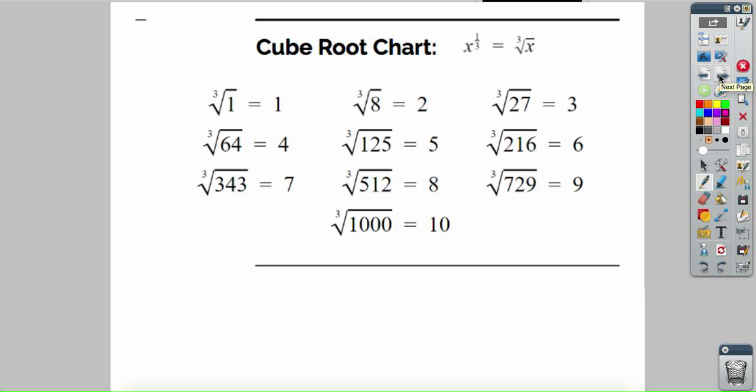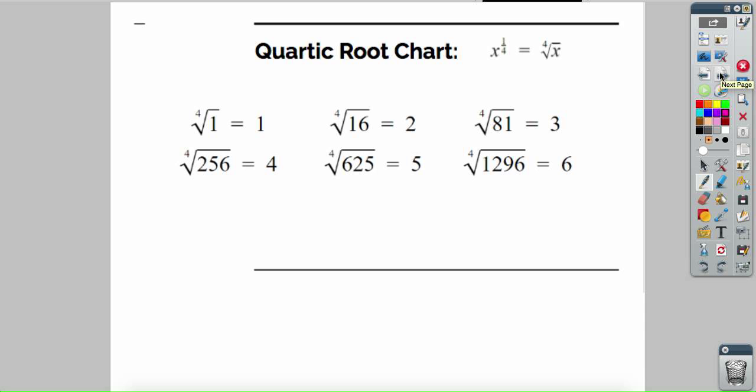Now we have a cubed root chart. So a cubed root is the same thing as something to the 1/3 power. So if I'm looking at my chart here and I had 125 to the 1/3 power, it would be the same as the cubed root of 125. Go ahead and hit pause, copy this chart down. And then we'll talk about the quartic root.